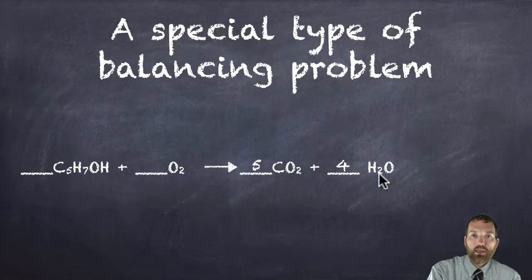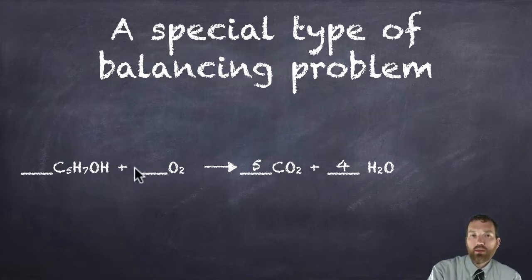All right, like I said, always save oxygen for last because this type of problem shows up with oxygens a lot. So 4 oxygens plus these 10, 5 times 2 is 10, plus 4 is 14 oxygens. On the right, I have 2 oxygens plus this one is 3. So I have 3 on the right and 14 on the left.